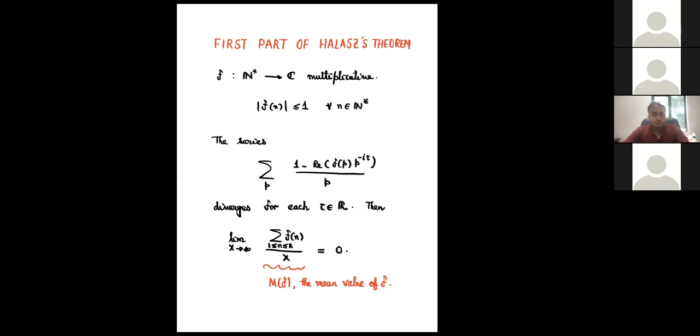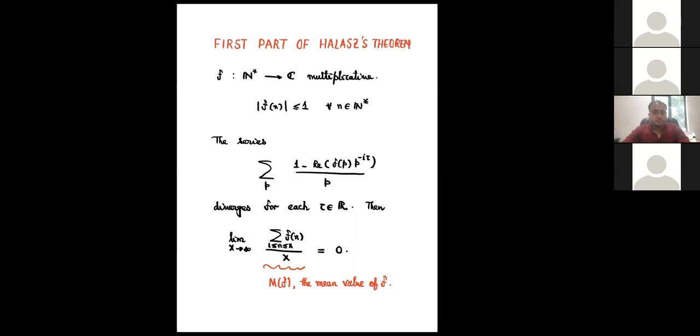Now let us review what we were doing yesterday. We are looking only at the first part of Halász's theorem, which in fact is the longest part in the standard, meaning the classical, proof of Halász's theorem.